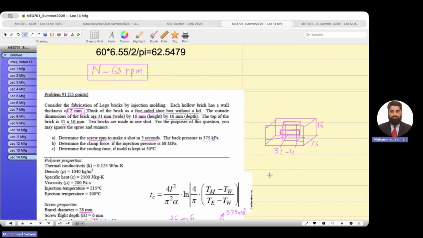You have to subtract that. So let me write down the volume. Volume of one brick is equal to 31 times 16 times 16, and subtract the inner value. How much is this length? Like 27.